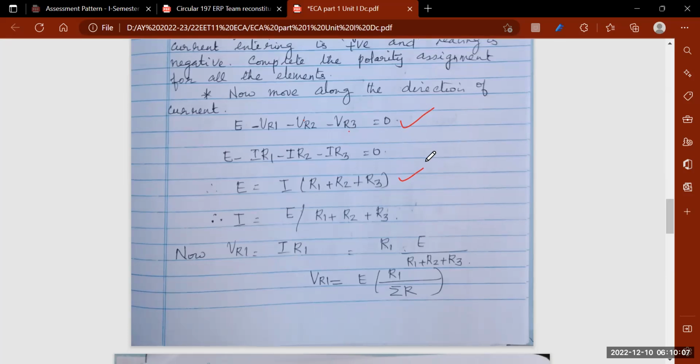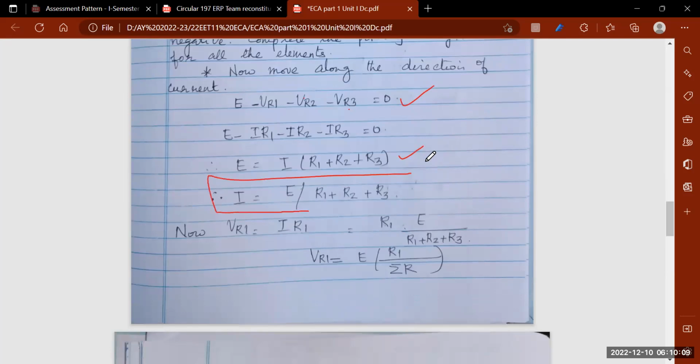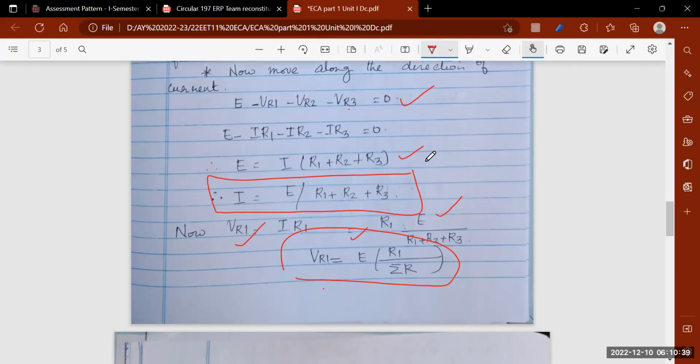From this, I is equal to E divided by R1 plus R2 plus R3. Now, what is VR1? VR1 is I into R1. When I substitute I equal to E by R1 plus R2 plus R3, VR1 comes as E multiplied by R1 over R1 plus R2 plus R3, which I can write as the summation of R.